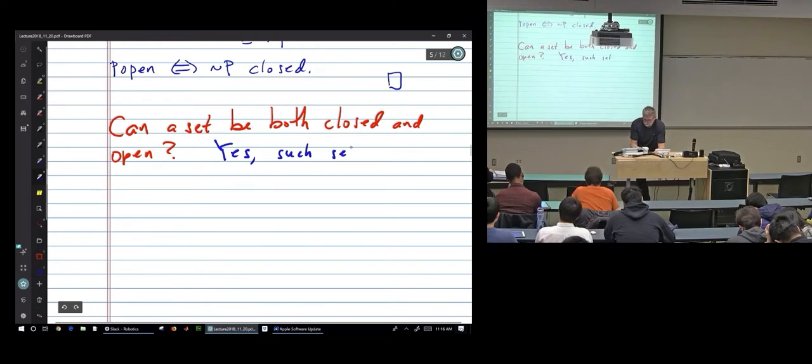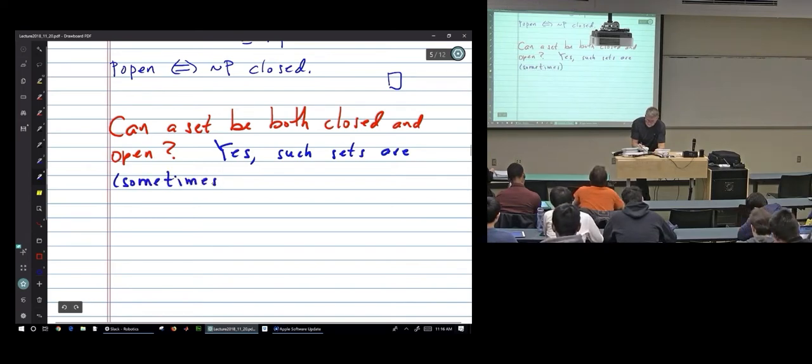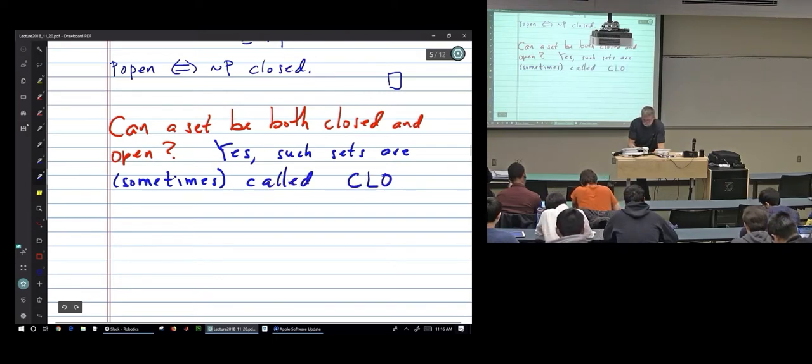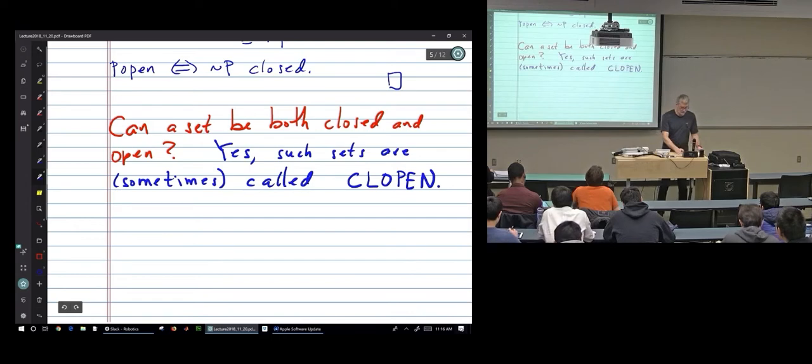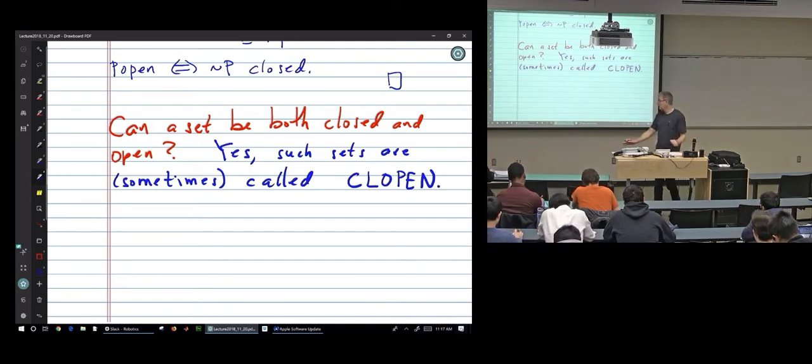Such sets are sometimes called clopen. Not everyone uses this. It's too funny to be true, but it's often true. Not everybody uses that definition. But what are those sets?